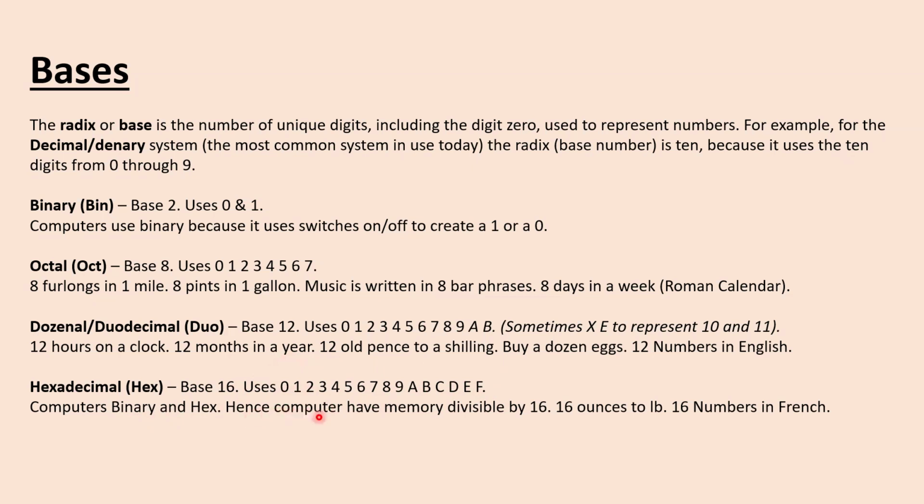That's why a computer has memory divisible by 16. So you get 16 gigabytes, 32 gigabytes, 64 in its multiples. And also that's the binary system as well. But also we have 16 ounces to a pound, and there's 16 numbers in the French language.